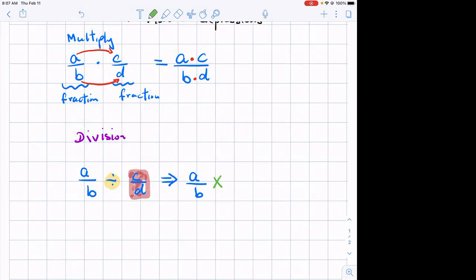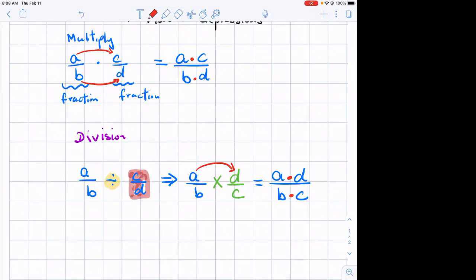So this becomes D over C. And then we can multiply. So we have A times D, divided by B times C. And that's also a multiplication that we've done there. So we can't really perform division unless we convert it to a multiplication. So those are the two general ideas that we will use for this lesson.